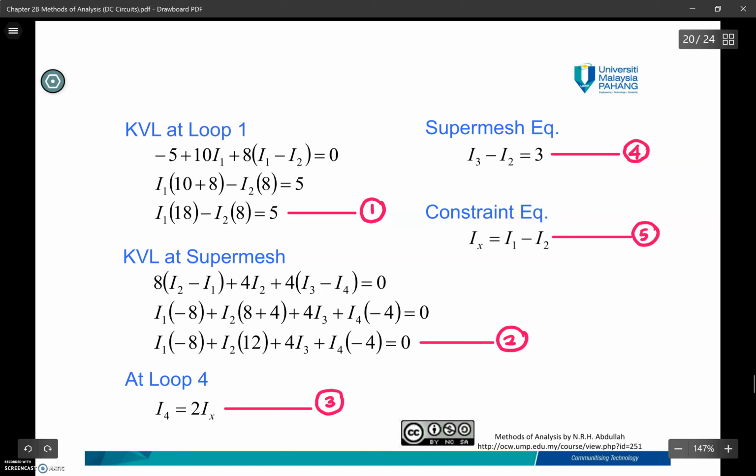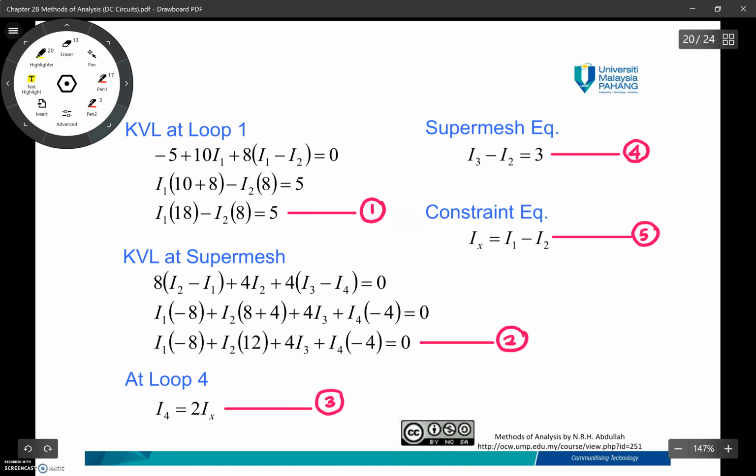Then name it as equation 1. And for the KVL at the supermesh, solve it until it becomes an equation that looks like this, and then name it as 2. At loop 4, I4 equals 2Ix. And then the supermesh equation, I3 minus I2, is already simple.